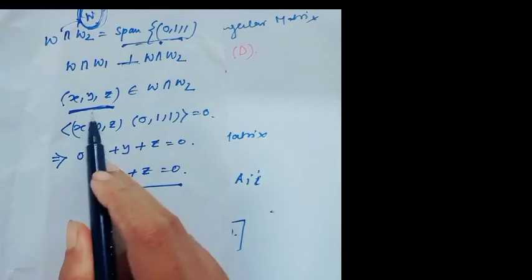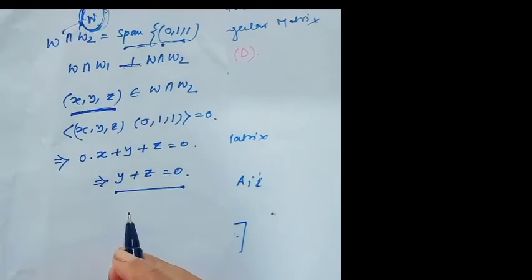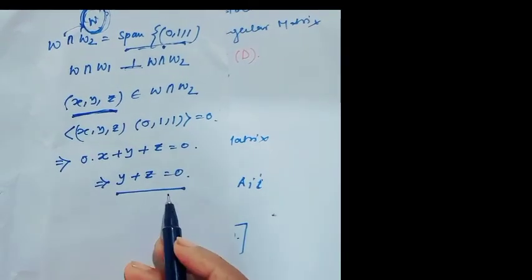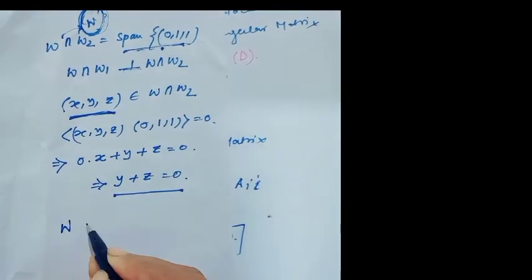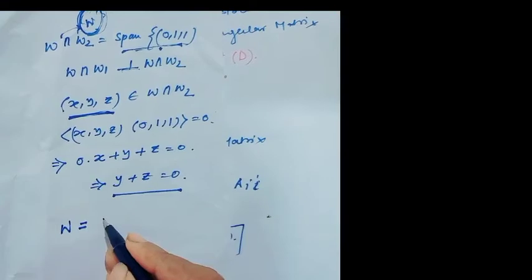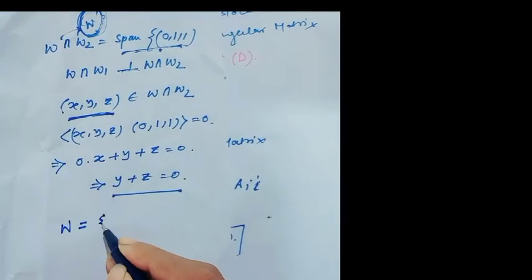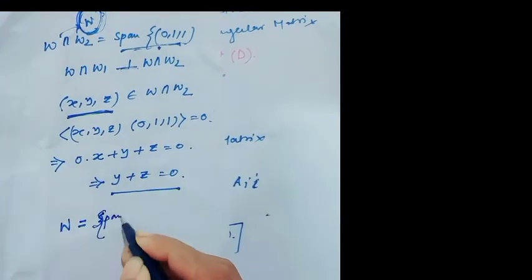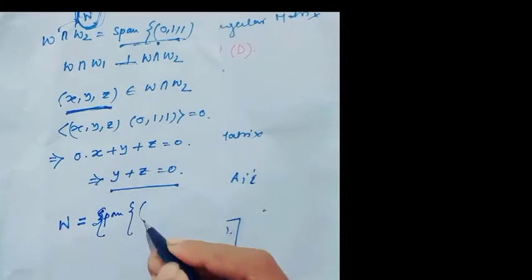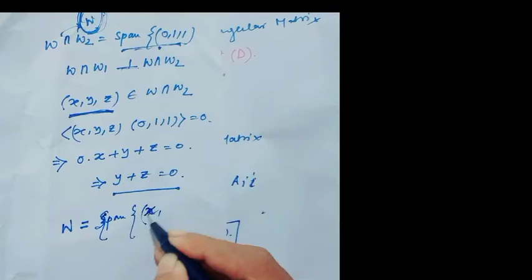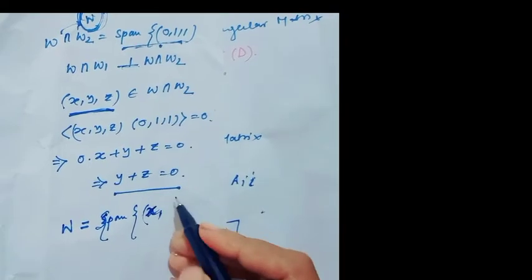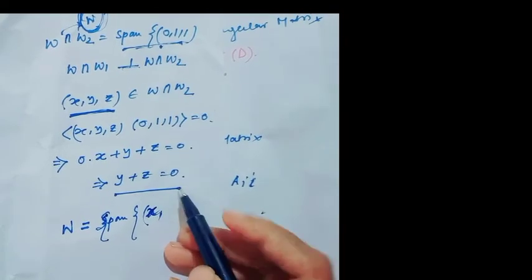That means the subspace W would be spanned by this set. Here x can be any arbitrary number, and y plus z equal to 0.